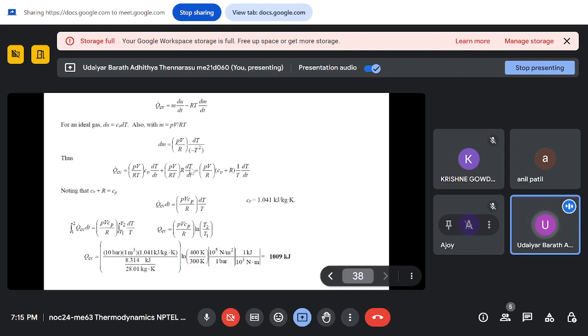So we found dm by dt into dT by dt. Substituting that, we found a few terms in terms of temperature, and integrated. We found a simplified expression which is PVCp by R into ln T2 by T1. We substituted all the values and found the heat transfer.